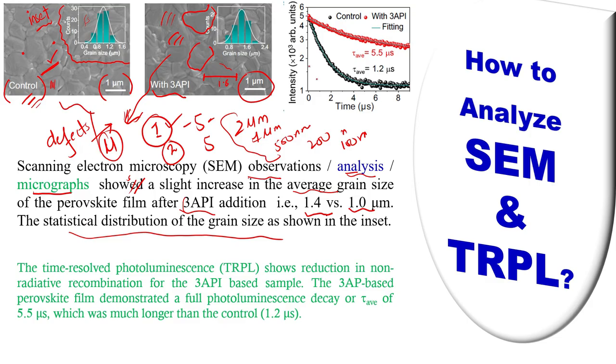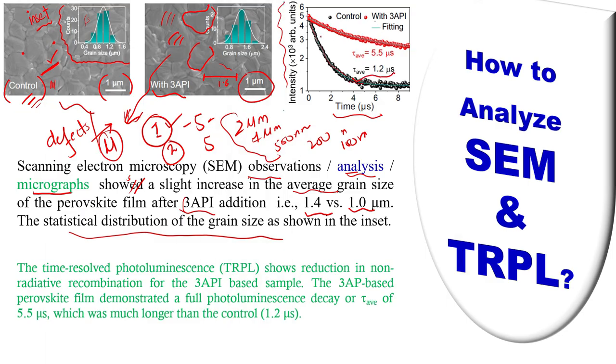So we can see here, this is the time in microseconds on the x-axis, and here we have the photoluminescence intensity. We can see that the control one decays faster. When it decays faster, this means that the average lifetime is shorter for this one.